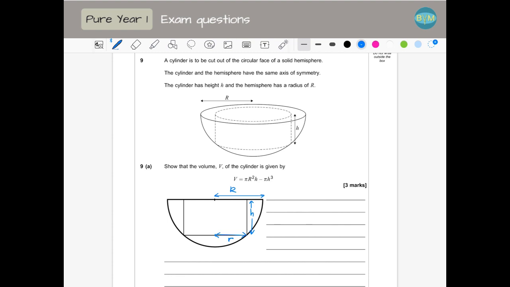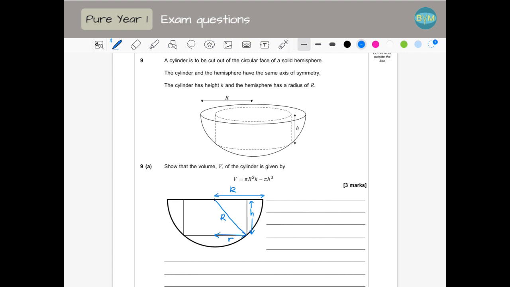So what we can do is, this length is the radius of the hemisphere, yeah? So this is r, capital letter R. So we can use this triangle.